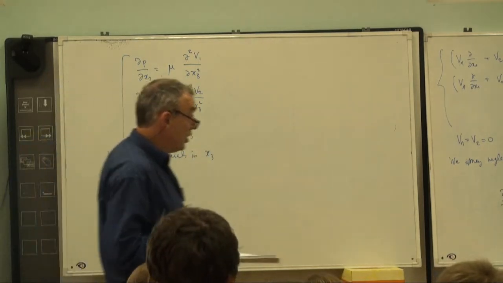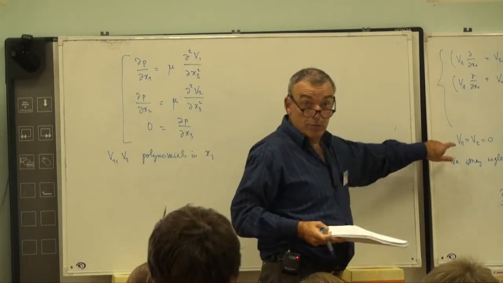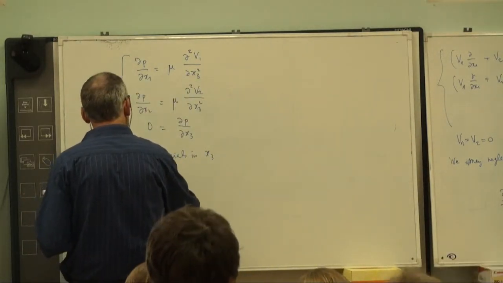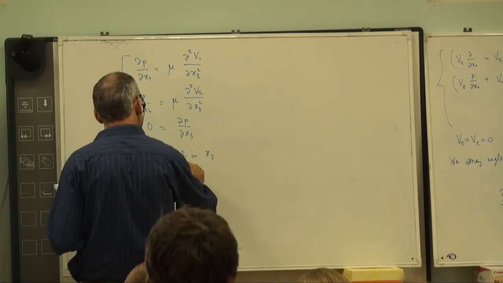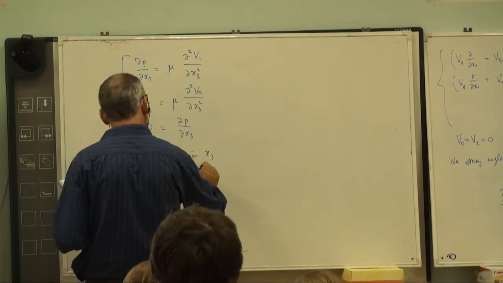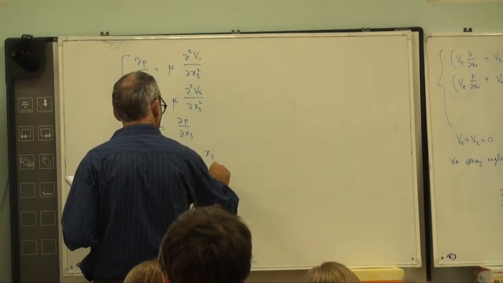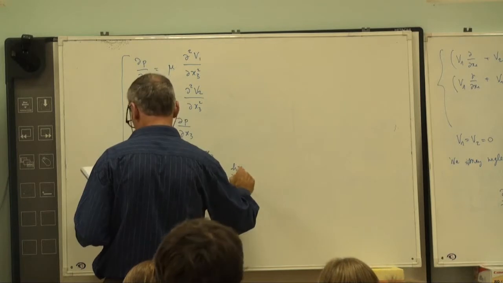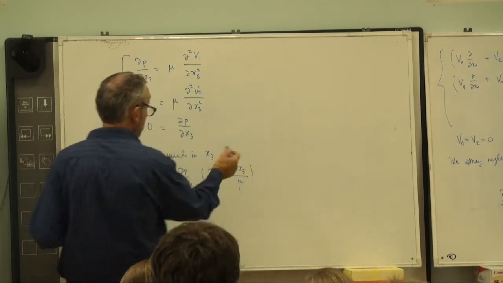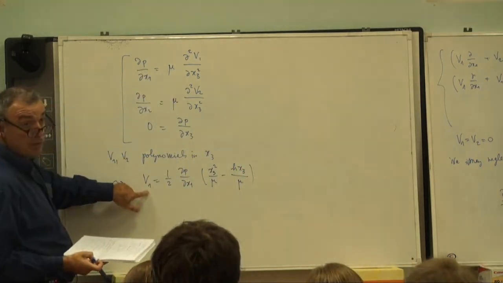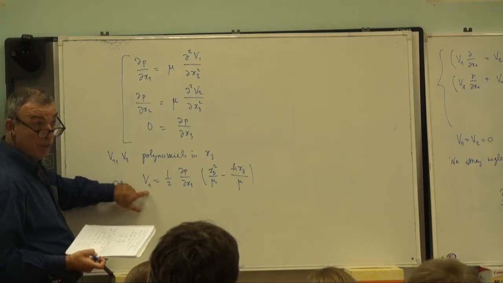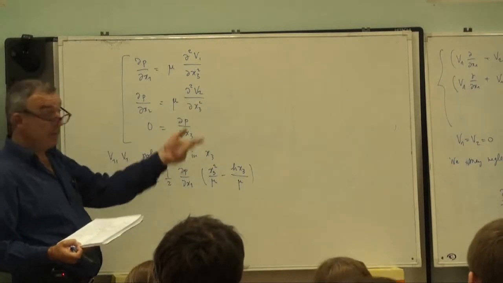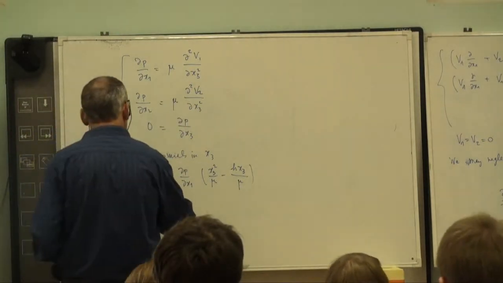With the boundary conditions that we have here, we get that v1 is 1 over 2 dp over dx1 times (x3 square over mu minus h x3 over mu). We just write that v1 must be a polynomial in x3 of degree 2, which is 0 at 0 and at h. Writing that, we easily get this.